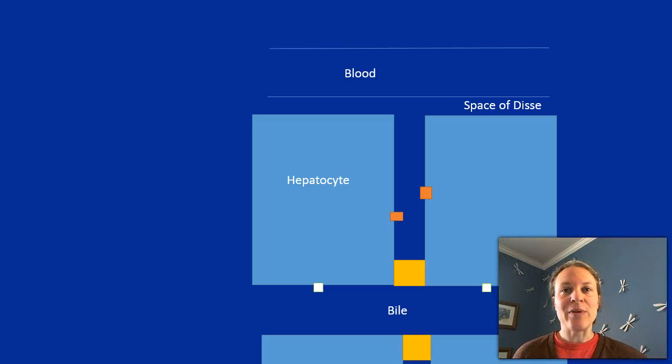So, in some people, potentially when the bile flow is blocked, that may downregulate expression of MRP2 and upregulate MRP3, or some people may have a genetic issue with this protein, and therefore, in order for the hepatocytes to get rid of this conjugated bilirubin, they may be doing it via the MRP3.